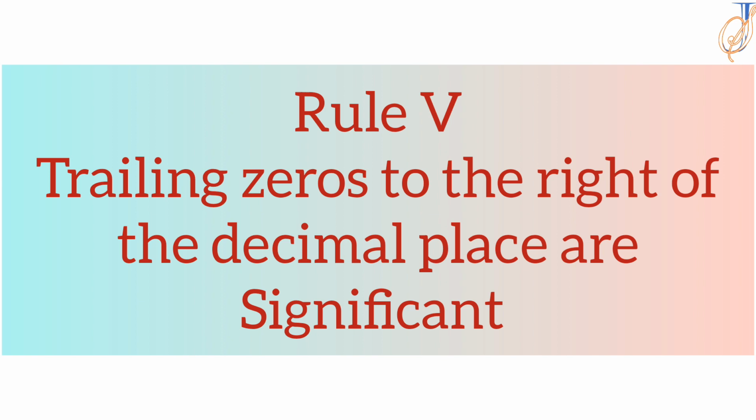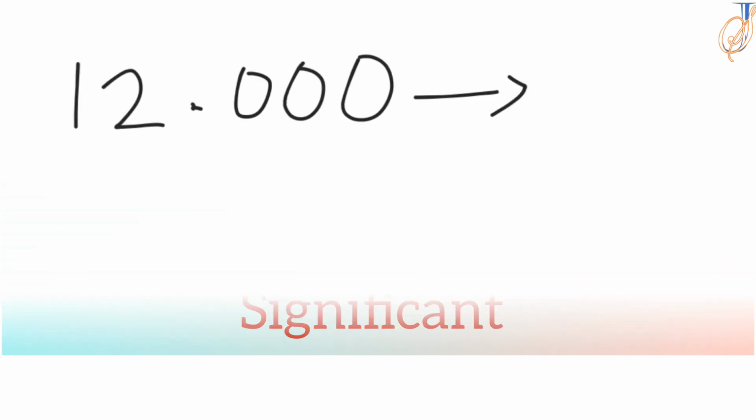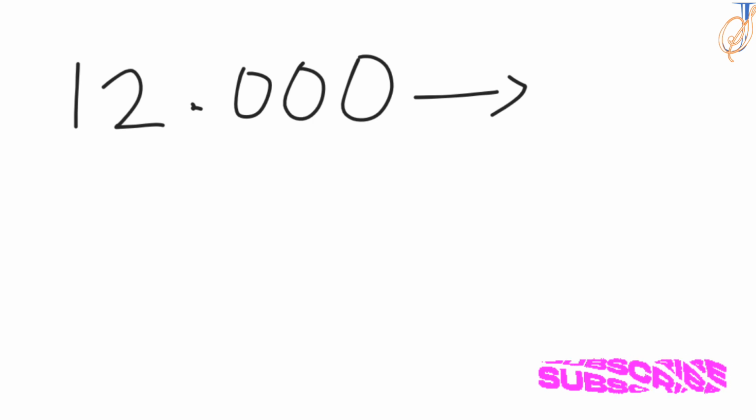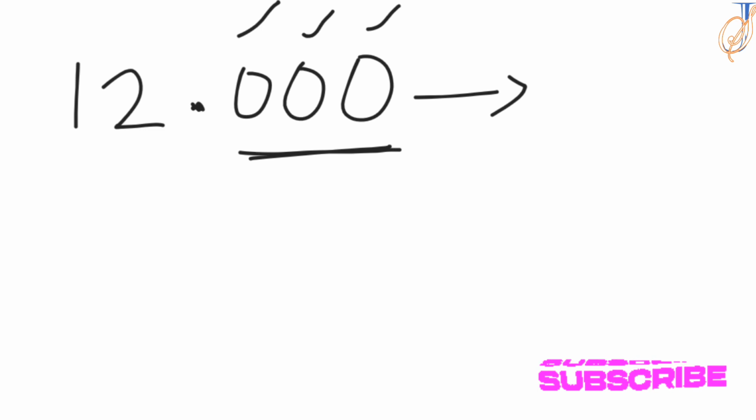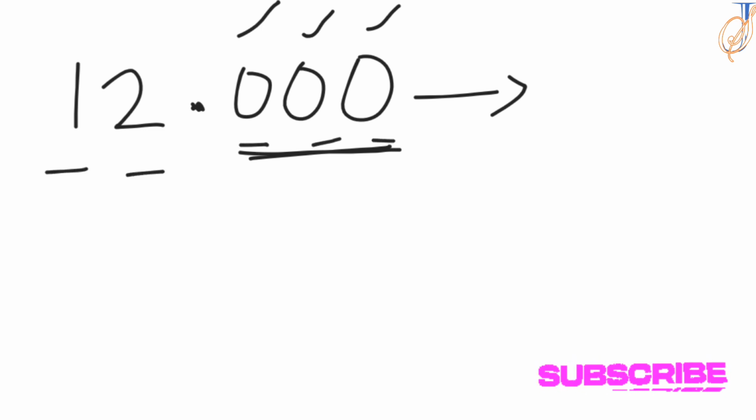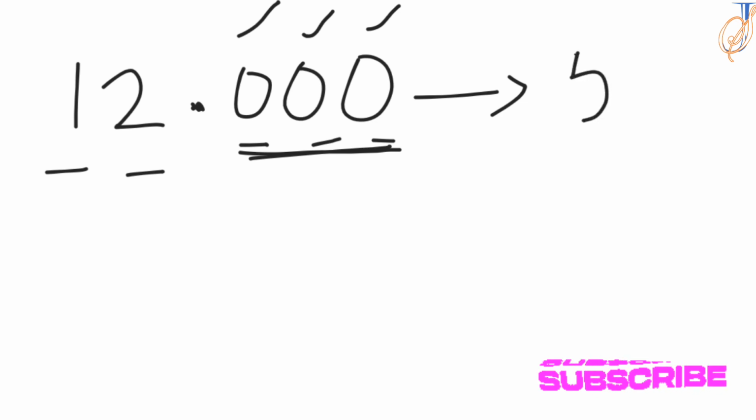Rule number 5. Trailing zeros to the right of the decimal place are significant. In this number, you have trailing zeros and a decimal point. As per rule 5, trailing zeros to the right of the decimal place are significant. So in this case, we have to count these numbers. 1, 2, 3, 4, 5. So 12.000 has 5 significant figures.